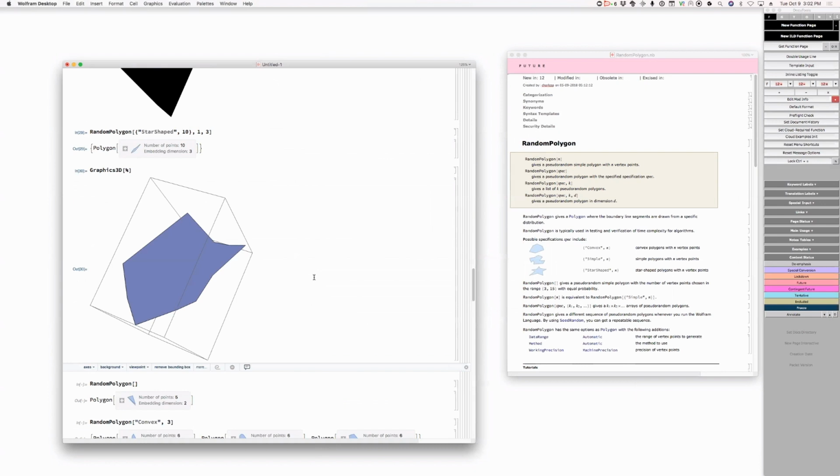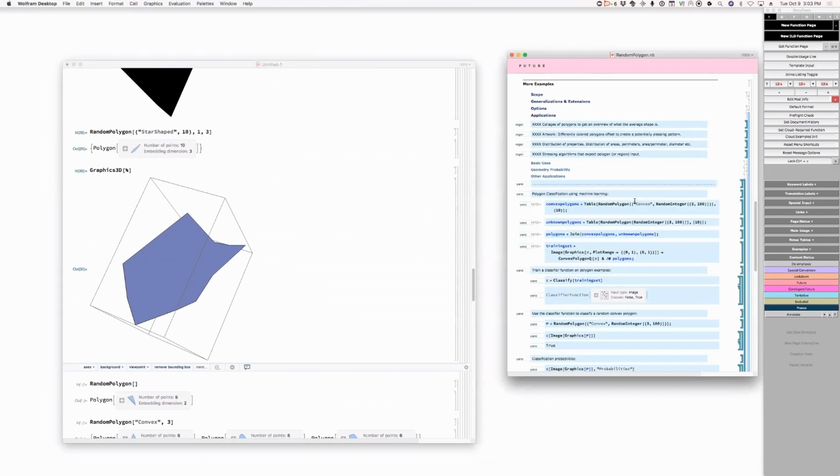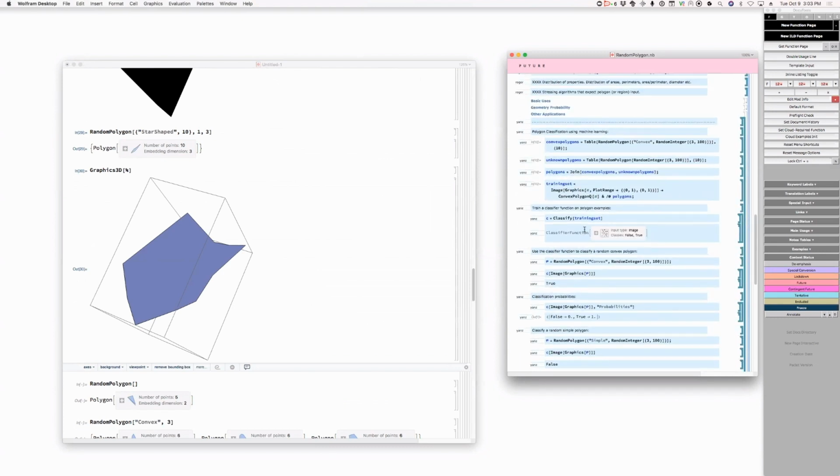So if you look at the page, in the application of random polygon, we kind of try to explain the distribution of that case. In the application section? Yep. I think probably basic use, geometry probability, under applications. Open a subsection.